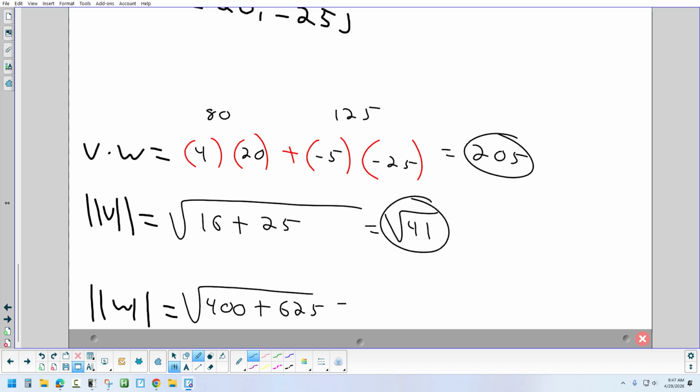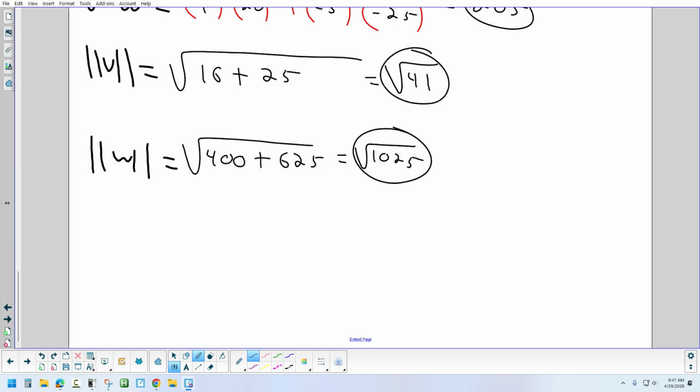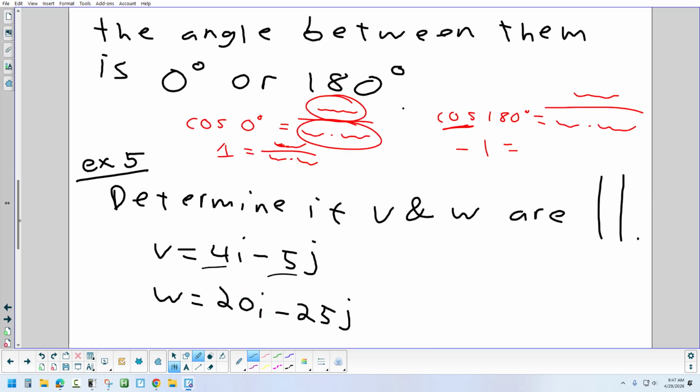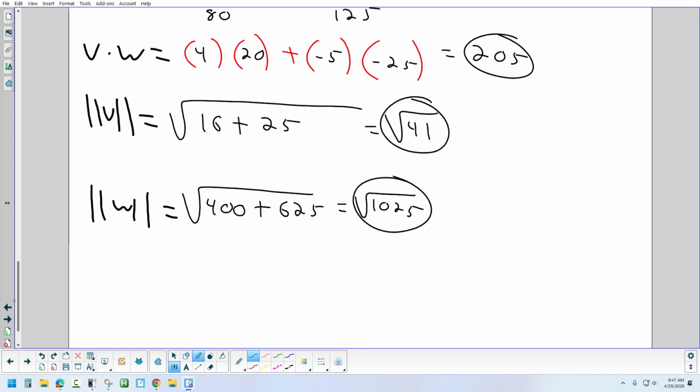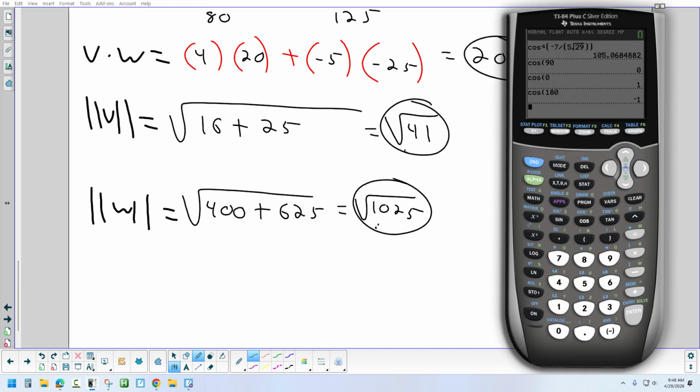We've got the dot product, and we've got the length of each vector. Now we just have to see if the dot product, which is what's in the top of the fraction, 205, comes out the same as the bottom, which is when you multiply these two numbers together. So we're hoping that that comes out to 205. If it does, then they are parallel.